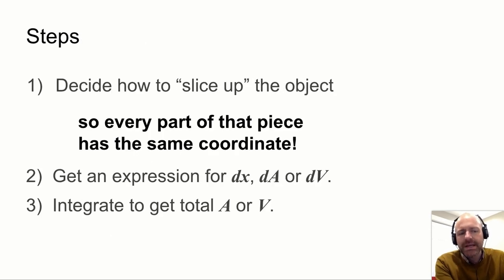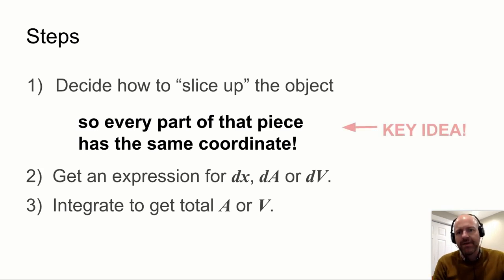So the big steps here are you slice up your object so that every piece has the same center of mass coordinate. And we either do this in terms of position, area, or volume. Then we add up to get total area or volume, and then we multiply that by some mass factor. This is the key idea, though: every part of the piece has to have the same center of mass coordinate.